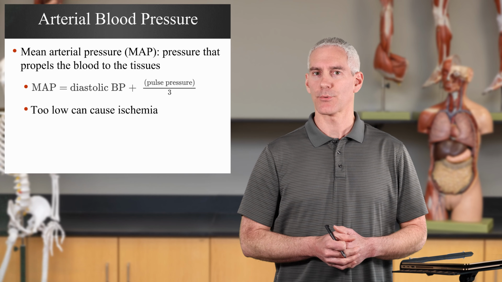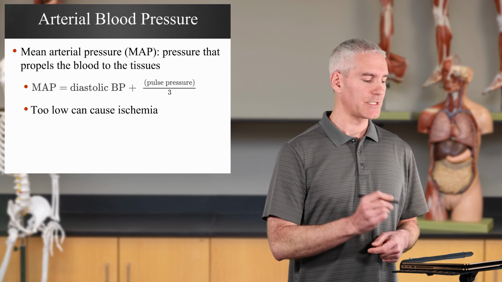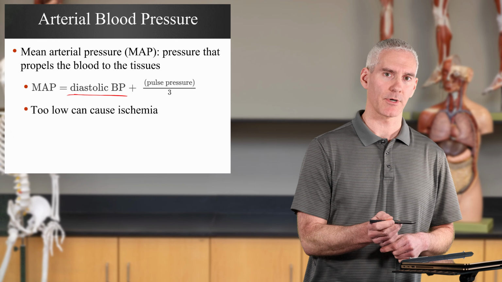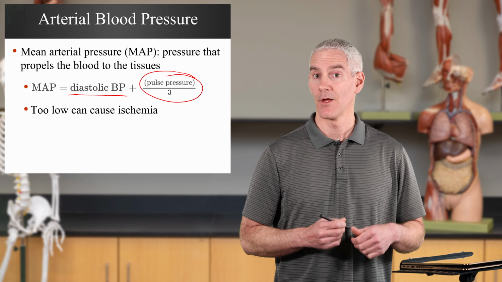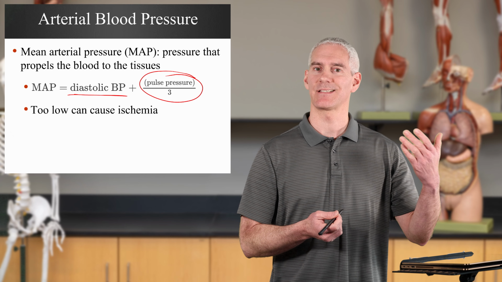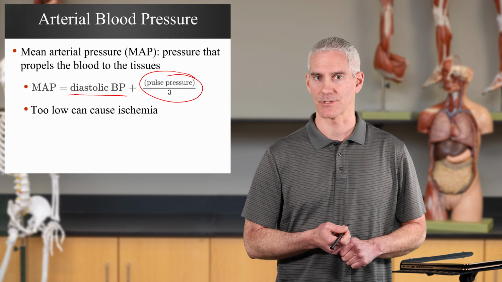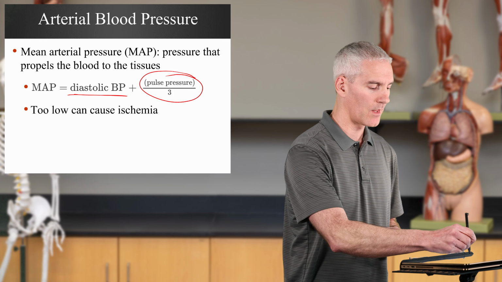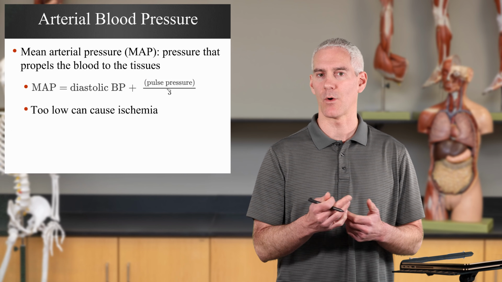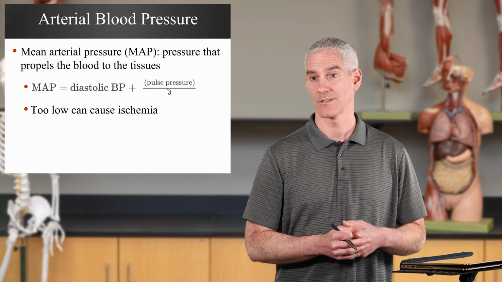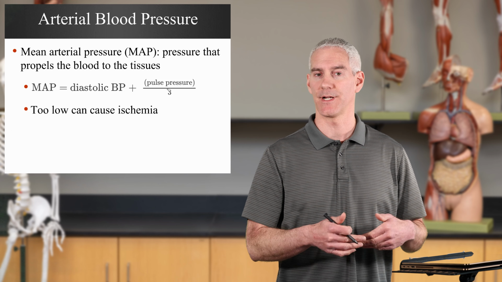The mean arterial pressure, known as MAP. Mean arterial pressure is diastolic blood pressure plus 1/3 of your pulse pressure. Remember, pulse pressure is systolic minus diastolic pressure. It's basically the difference between the two. So if we're going to take, let's say, an example of 110 millimeters of mercury over 80 millimeters of mercury. So your blood pressure, 110 over 80.